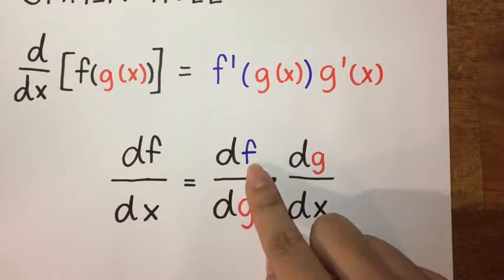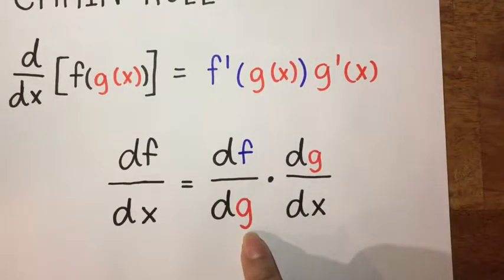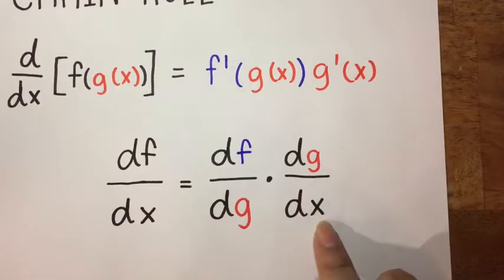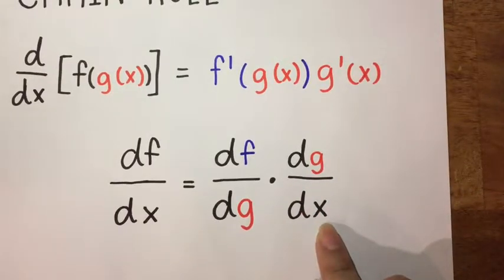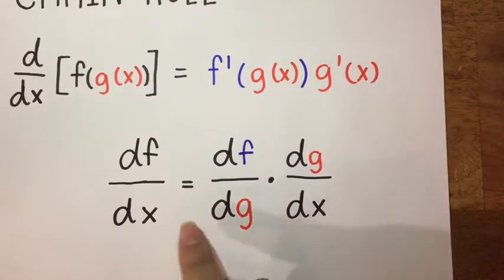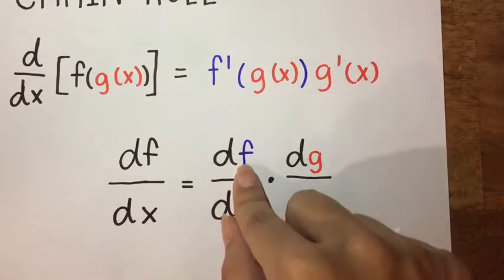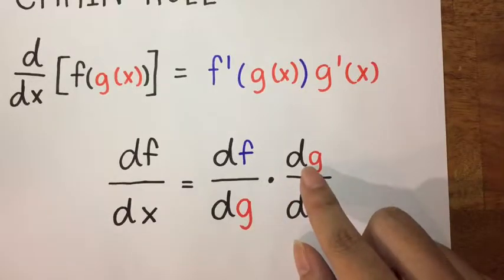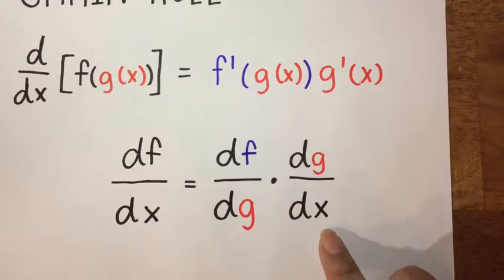Derive f with respect to g and derive g with respect to x. The same thing over again: derive the outside with respect to the inside function and derive the inside function with respect to x.